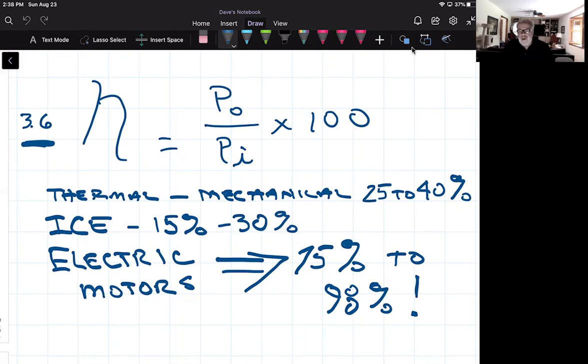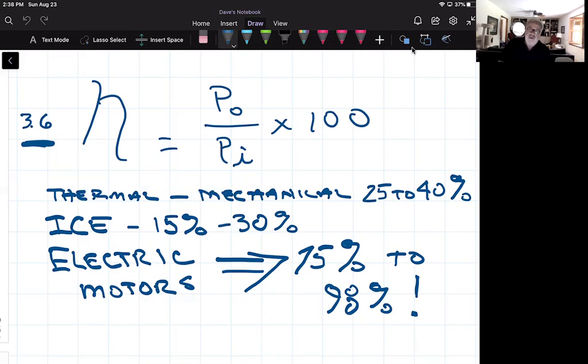Each one of those individual systems has losses involved in it. Those thermal to mechanical, ultimately mechanical to electrical transitions are, he says, in the ballpark of 25 to 40%. At first you might say, well, that's not too bad. But if your efficiency is 25%, that means you're losing 75% of the energy that you put into it.